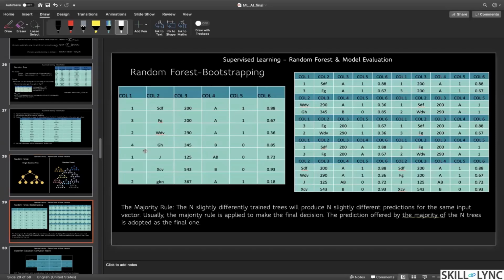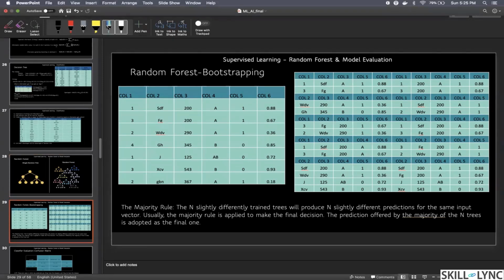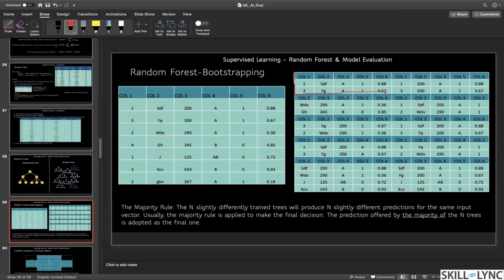So when we have a single data set, we try to create multiple data sets using it. How? For example, this is my first data set, this is my second data set, this is my third data set, and this is my 9th data set, and this is my 10th data set.